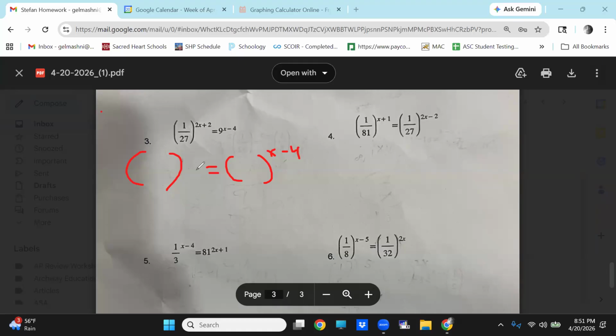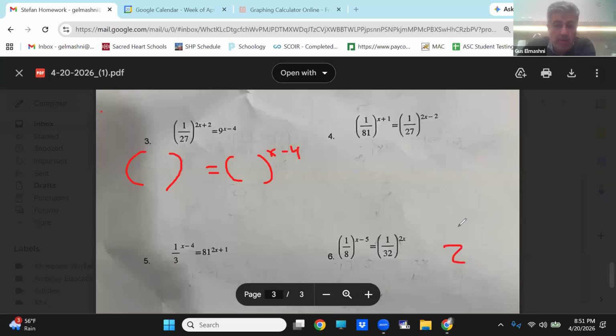You raise it to some power. So you have 1/27, you have 9, right? For example, can you raise 2 to some power to get 9? No, it's 3. So 3 to what power gets you 9? 3 times 3.